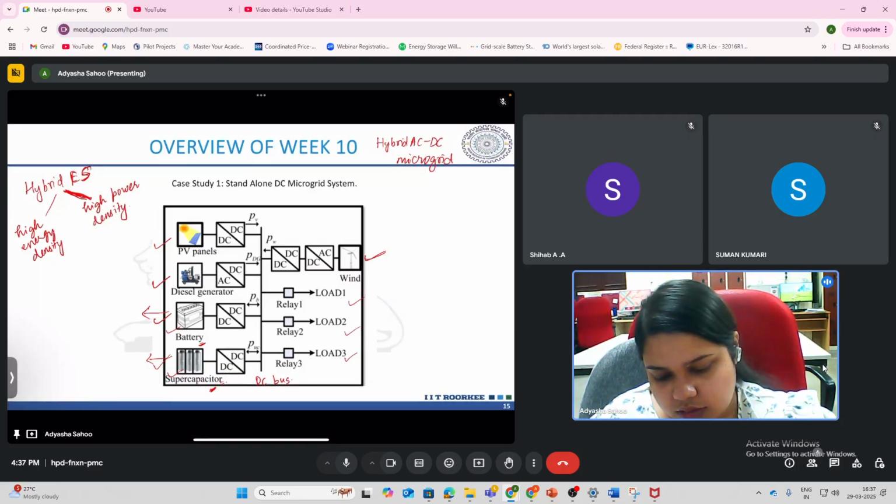So here, which one is the high energy density among battery and supercapacitor?